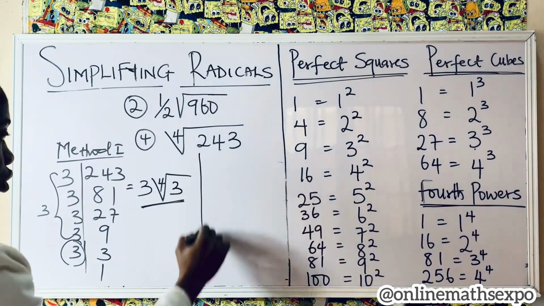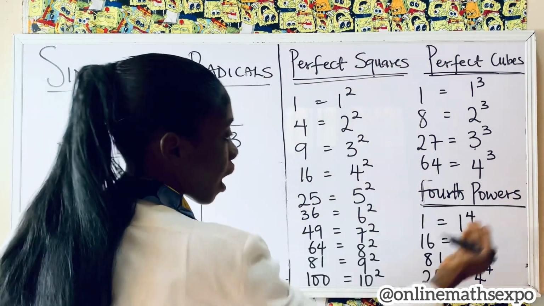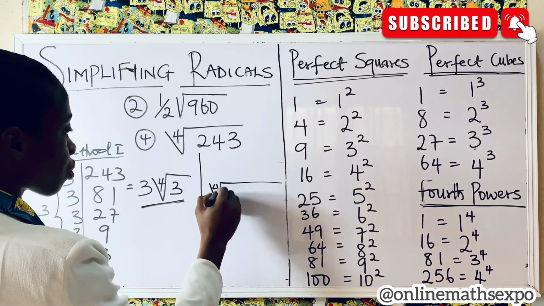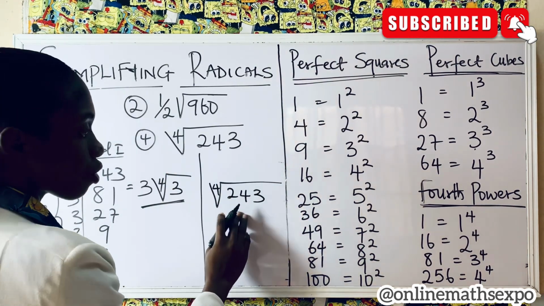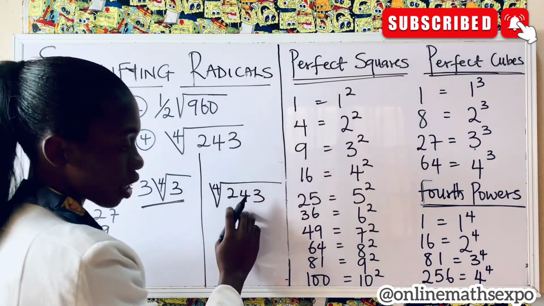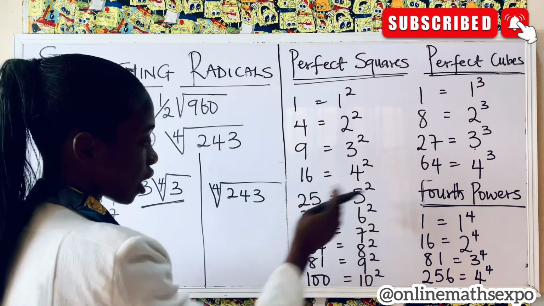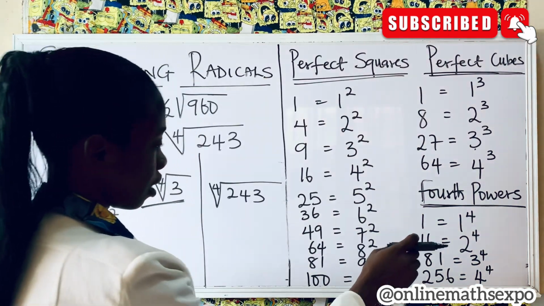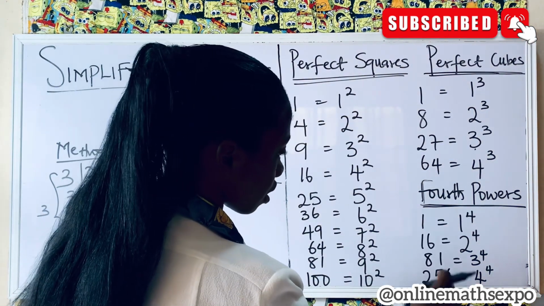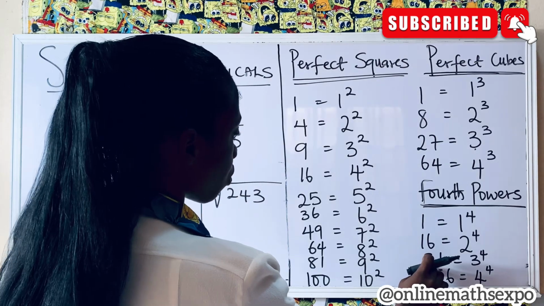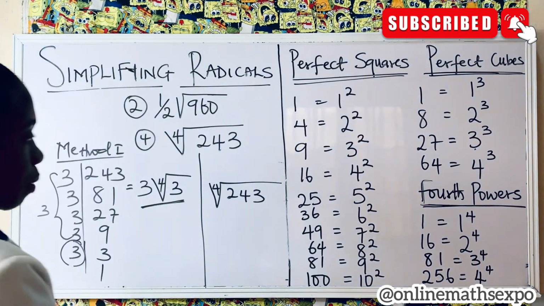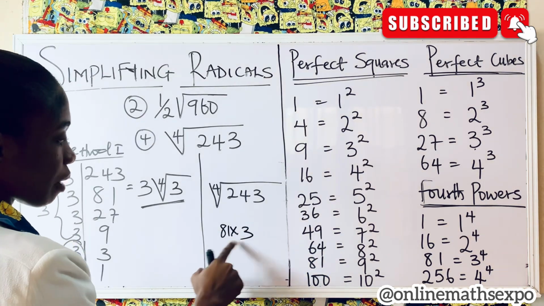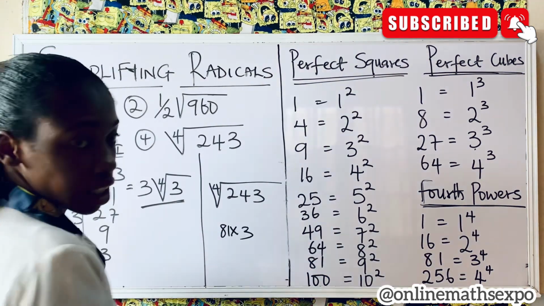Now if you want to go by the 4th powers, you know that this will give us 4th root of 243. You look out for the highest number that is closer to this. Let's check 81. 81 multiplied by 3 will give us 243.